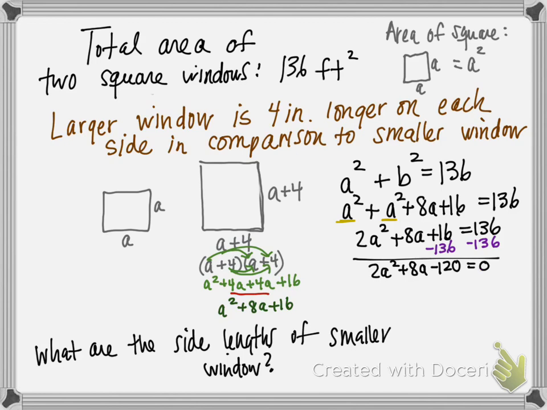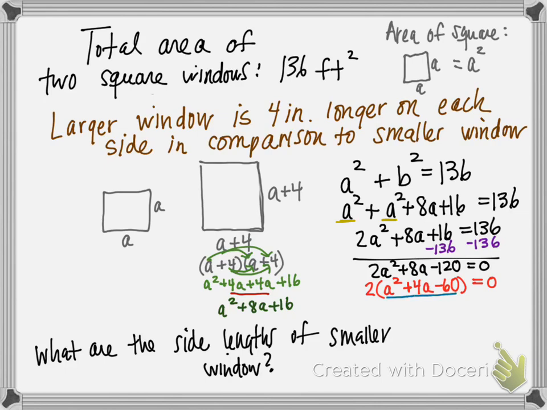Then from here, you could use the quadratic formula to solve this, or if this could be factored, I would suggest trying to factor it. First thing I notice is that 2 divides all 3 terms, so I could factor out a 2. So I would be left with A squared plus 4A minus 60. And then from there, I'm going to try to factor this inside.